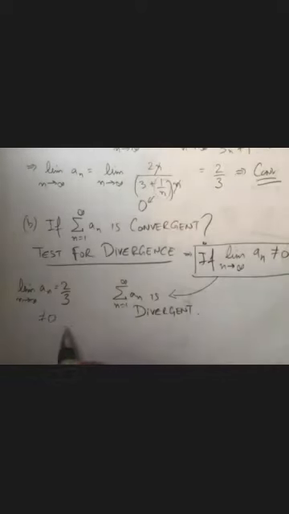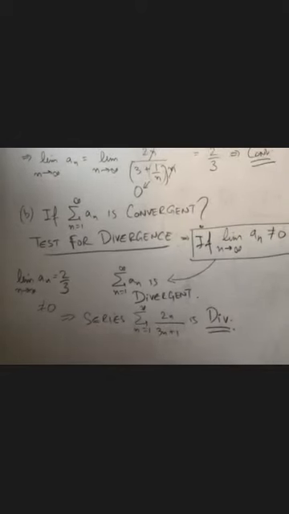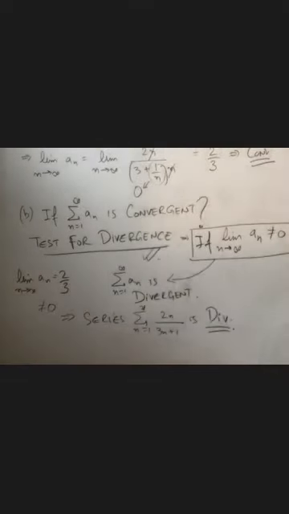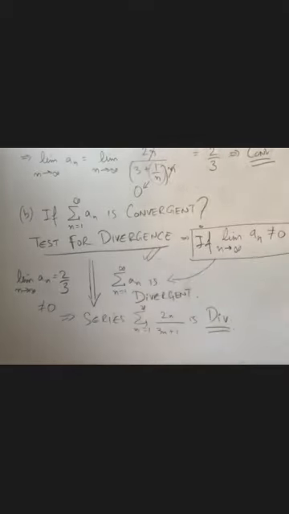So this means the series is divergent. So you have to cite this test, the test of divergence. So the test of divergence implies that the series is divergent.